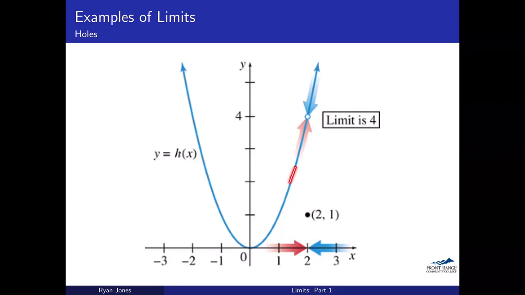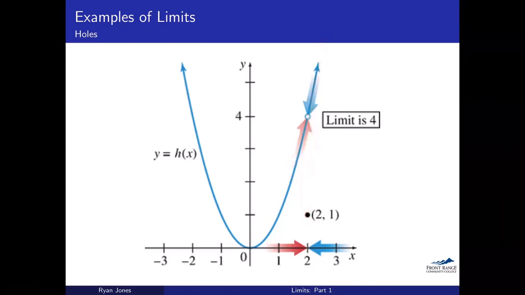And as I get closer to 2, I keep saying this, but that's okay, I'm going to keep repeating myself. As I get closer and closer to x equals 2, my y value gets closer and closer to 4, up until I get exactly on 2, and then I jump down here, and then I come right back up, and then I keep going.